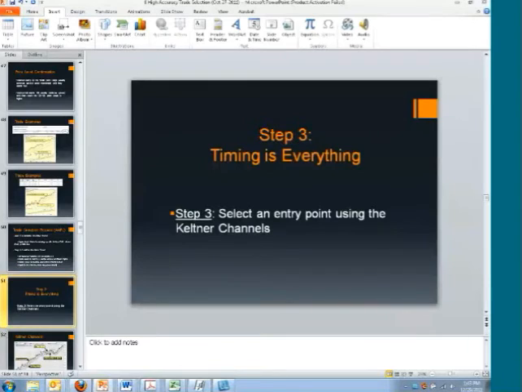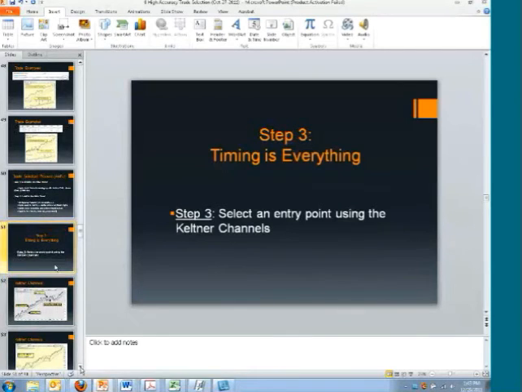And then step 3 in our process is to use the Keltner channels to select an entry point. We won't have time to go into that today, but that can be another topic for one of our upcoming webinars. So today we looked at the technical side of our trade selection, and then in an upcoming webinar we'll look at the fundamental indicators I mentioned.